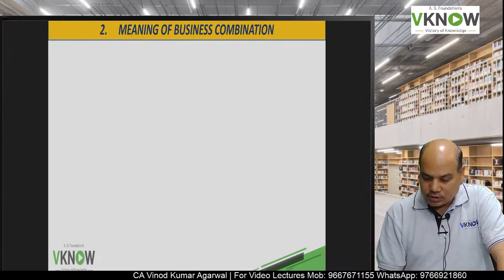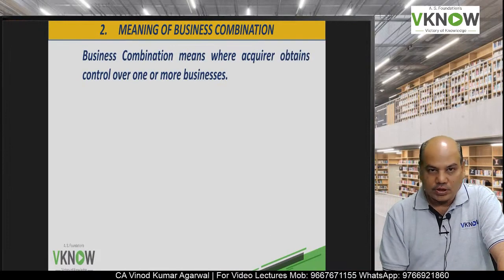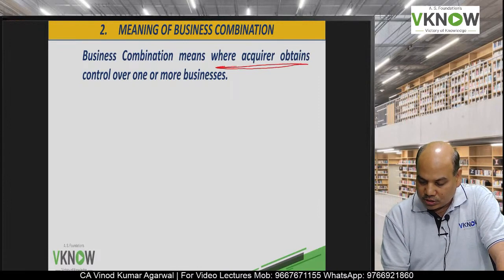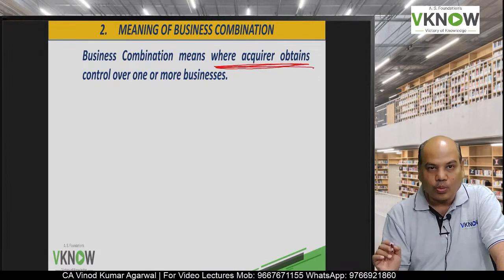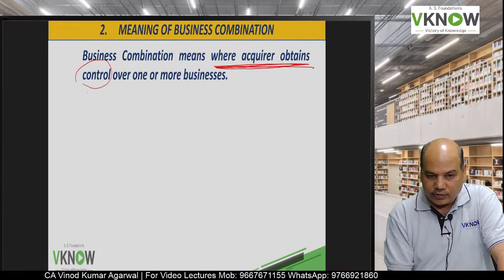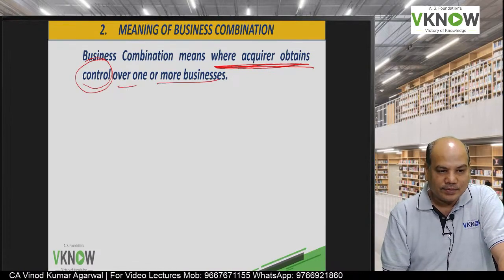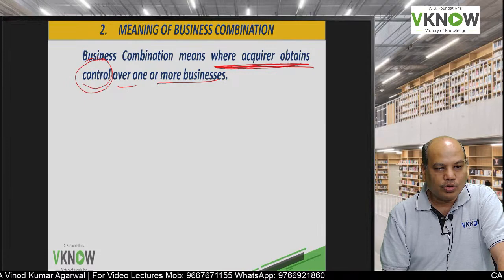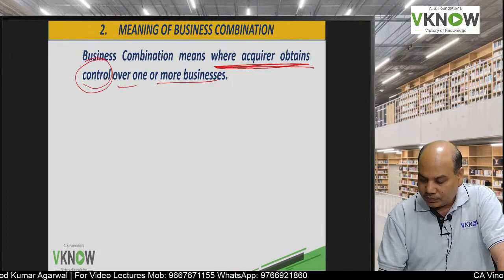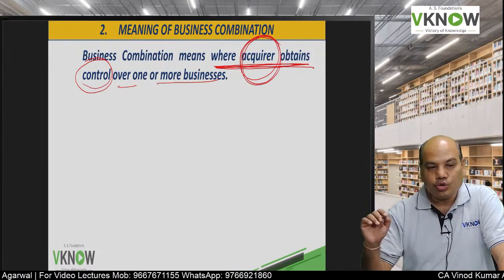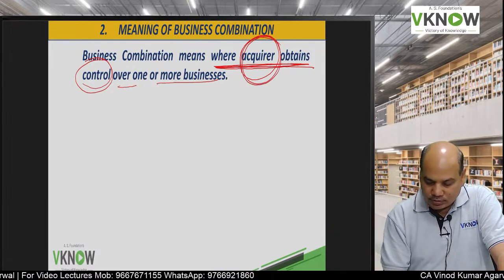So meaning of business combination. What is business combination? A business combination is where an acquirer obtains control over one or more businesses. Who is an acquirer? One who acquires control over the other business.